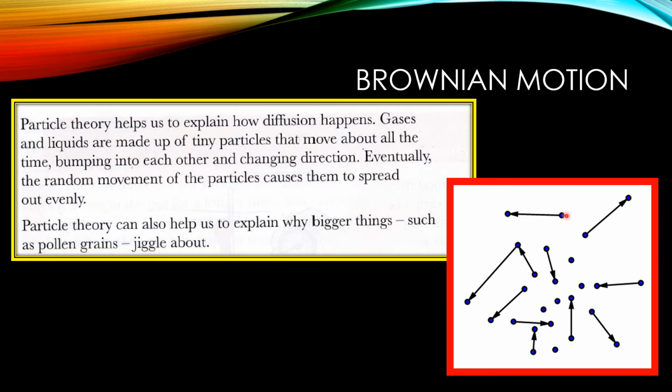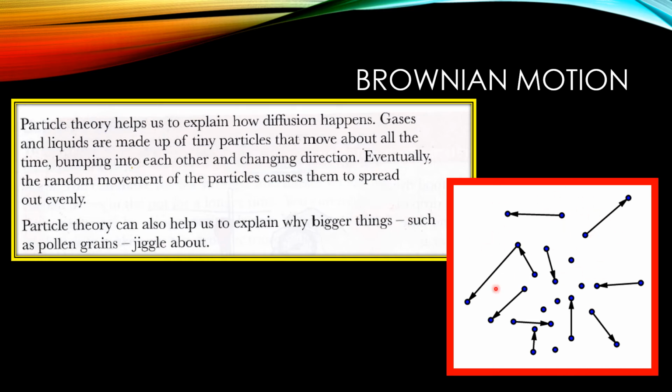What is meant by Brownian motion? This is a water particle, and this water particle does not move in an orderly manner. It just moves randomly. Random movement means that it can move to the right, to the left, up, down, and in any direction. They are not moving in an orderly manner.